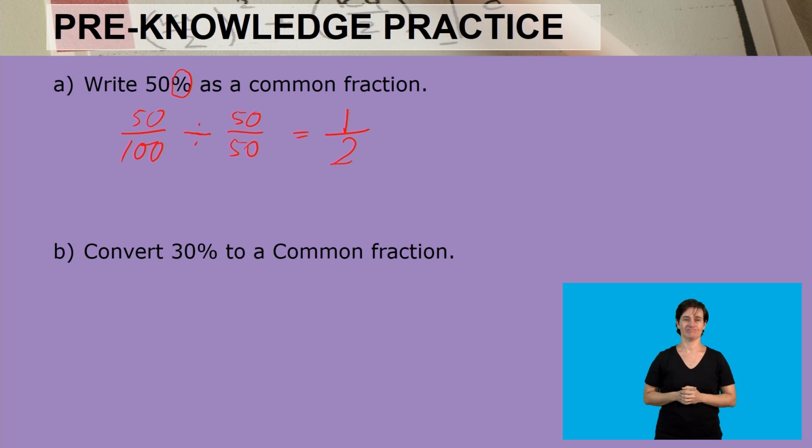Let's look at the next one. We are to convert 30% to a common fraction. We follow the same method. Because of the percentage, it would be 30 over 100.